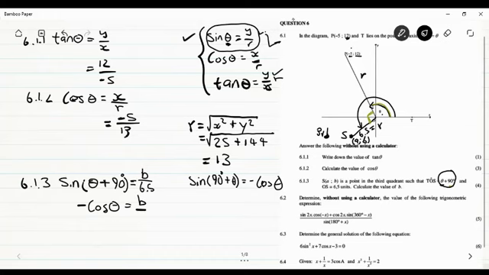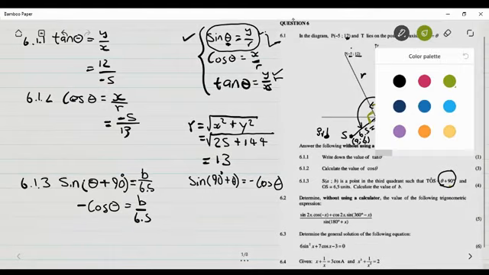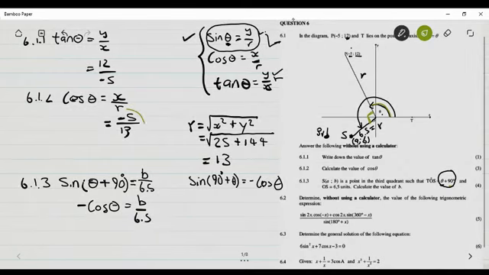So we're just going to say cos theta is equal to B over 6.5. Now that we have cos theta is equal to B over 6.5, we also know that cos theta earlier on was discovered to be negative 5 over 13.